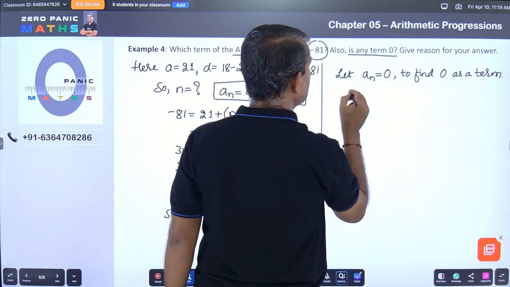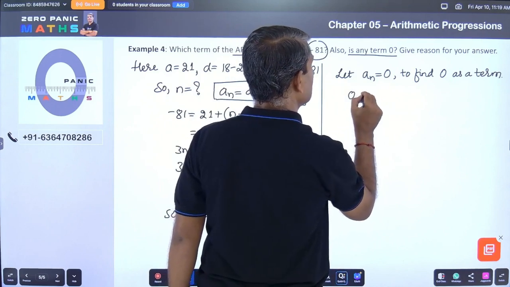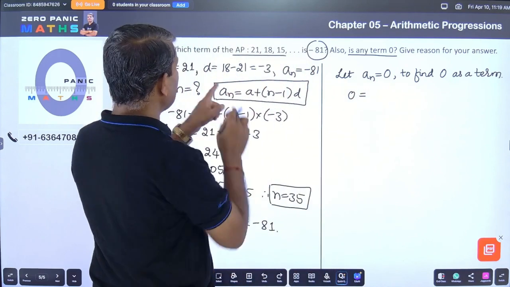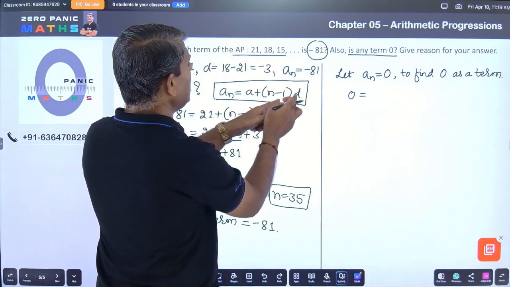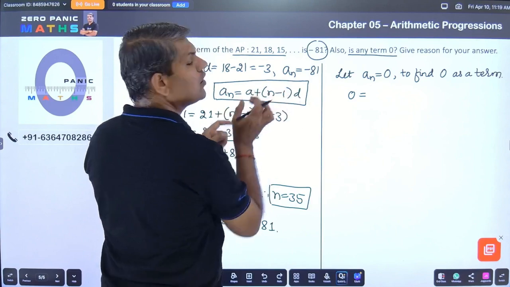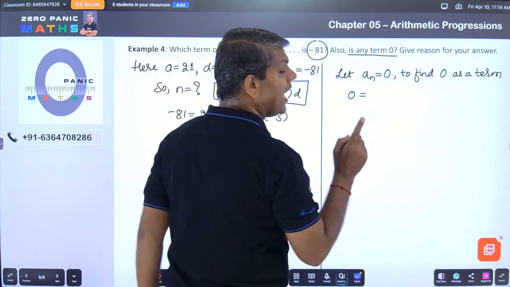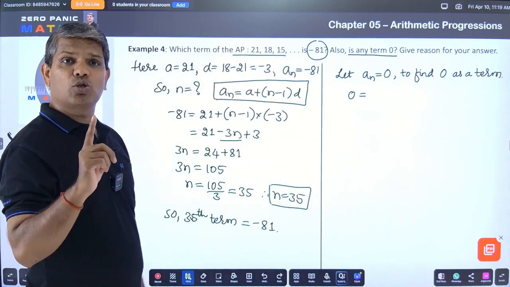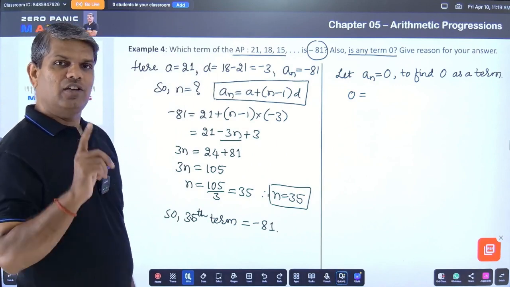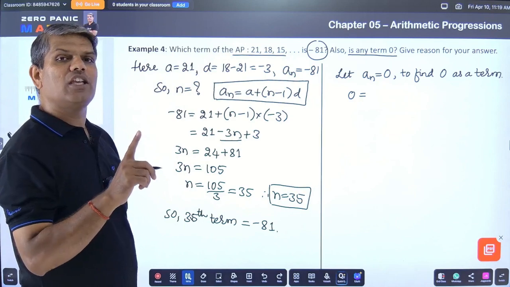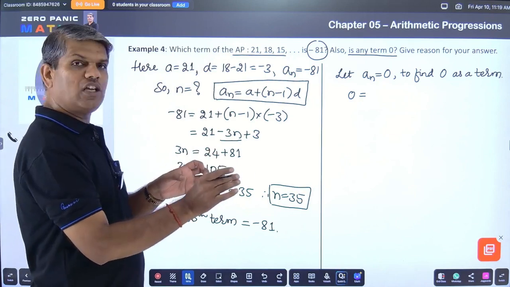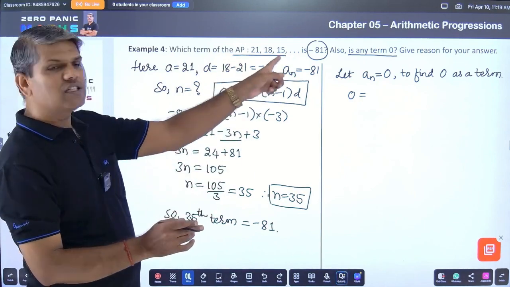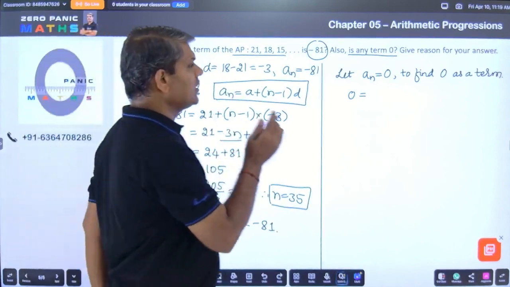Let me put the value of that. 0 is equal to an, again the same value of a and d, you are going to consider and going to find out n. And n, remember, that should be a positive integer. If you get a positive integer, then only you will say that that is the position of 0 in this arithmetic progression. Okay, let us see that.